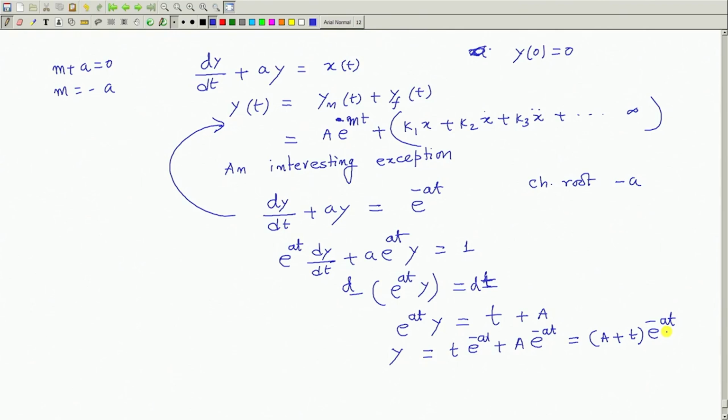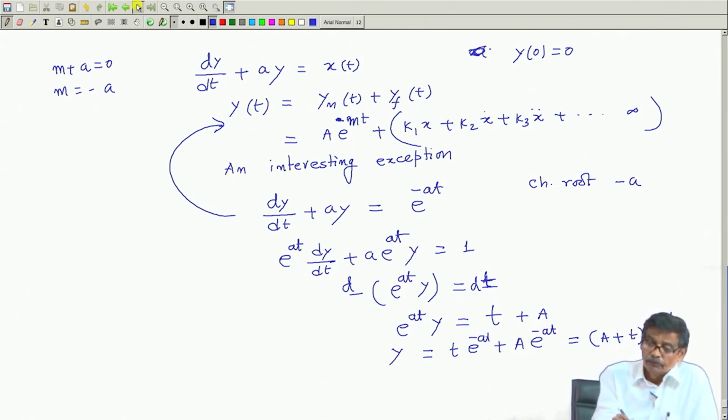Therefore, if the characteristic root happens to be the same as the excitation function or input function, e raised to the same power m t, then one has to do it like that. Okay, this we just remember, be careful about x of t.